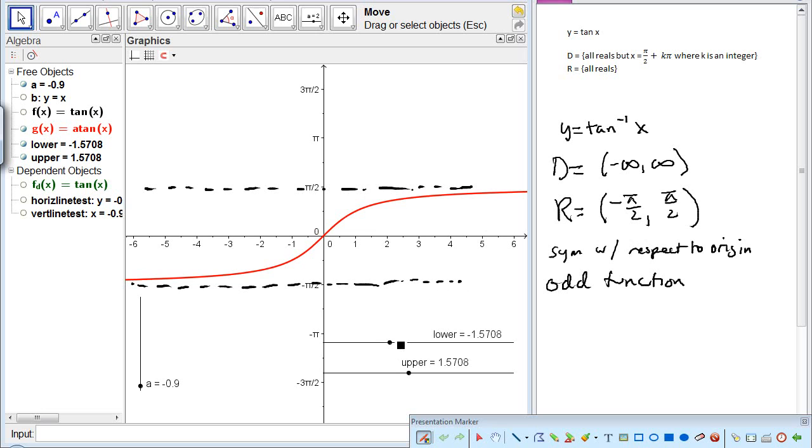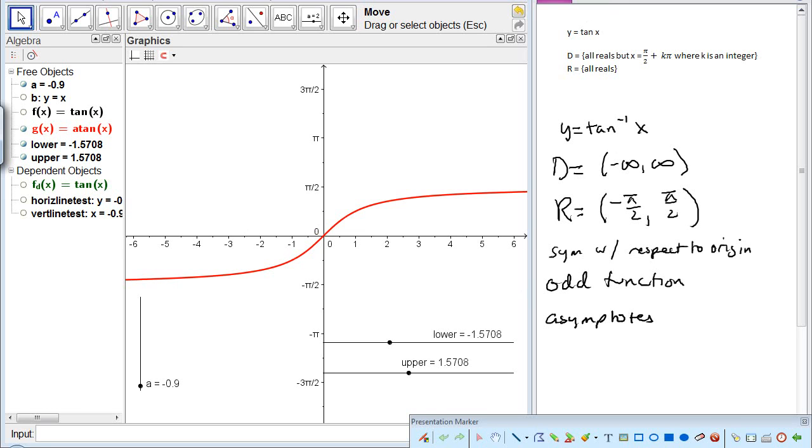And so unfortunately, now that you've seen them, they have to go bye-bye so that I can draw over here, and that would mean that my asymptotes occur at y equals both plus or minus pi over 2. And there it is, the inverse tangent function.